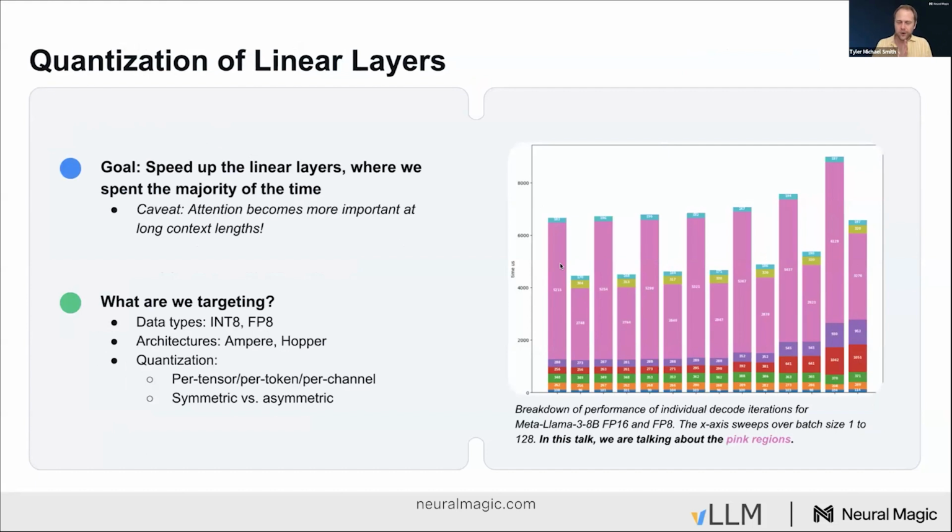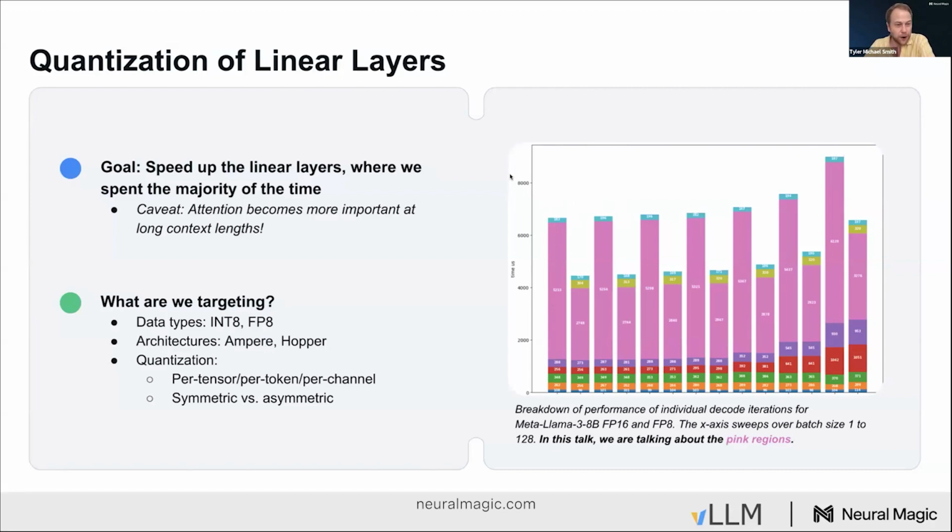So let me slow down and walk you through this one. This is a breakdown of the individual layers in Meta Llama 3 8B, and we're comparing both FP16 and FP8. This is maybe hard to see. The relatively taller ones are FP16. So it goes FP16, FP8, FP16, FP8.